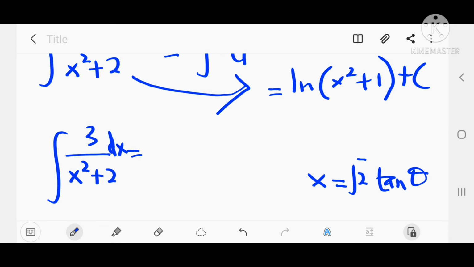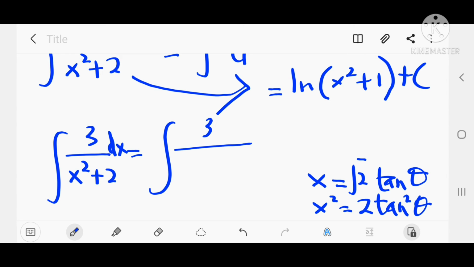If x equals the square root of 2 tan theta, then squaring both sides we have 2 tan square theta. This means our integral will be the integral of 3 all on 2 tan square theta plus 2, dx.